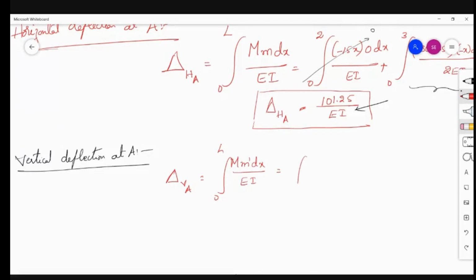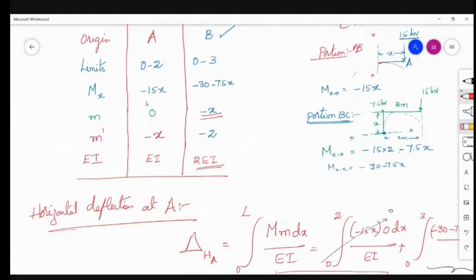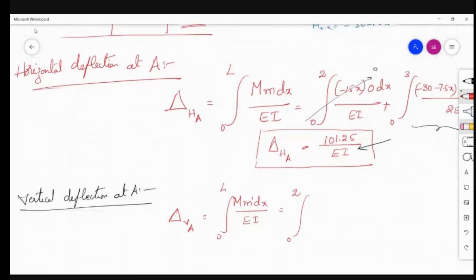So here also you have two portions. 0 to 2 is for portion AB. Now go to the capital M value. What is capital M here? Just see this; that's why this table is very, very important. Minus 15 into x, M dash is minus x. So minus 15 into x into minus x into dx by EI, plus 0 to 3.